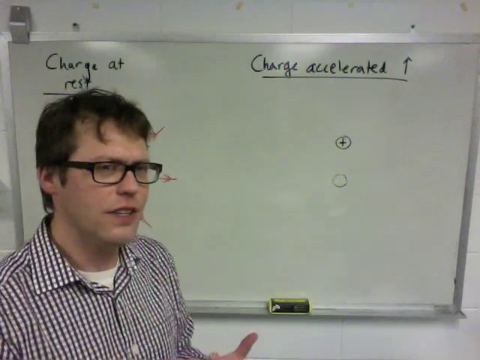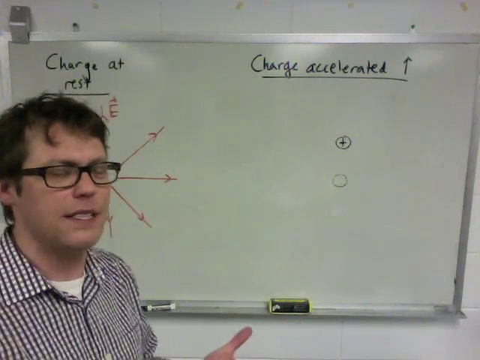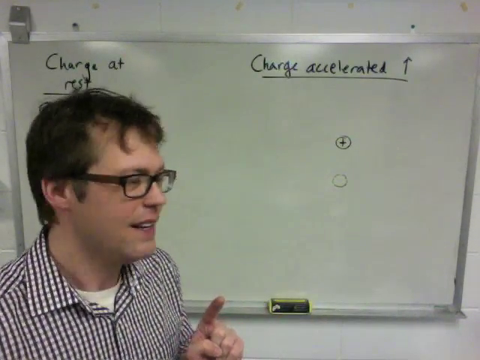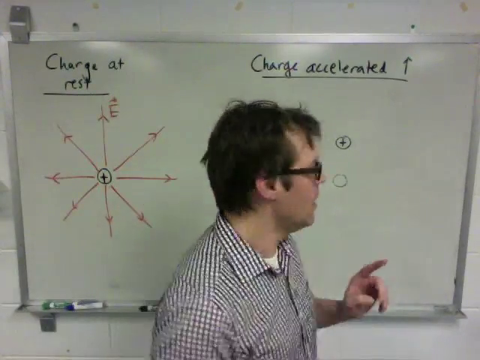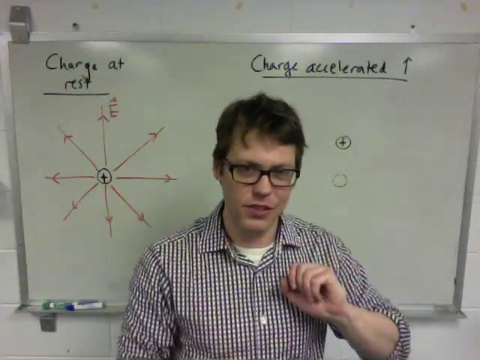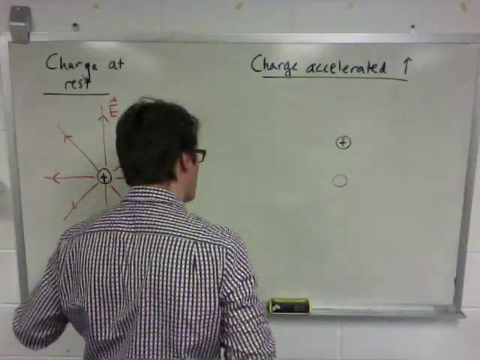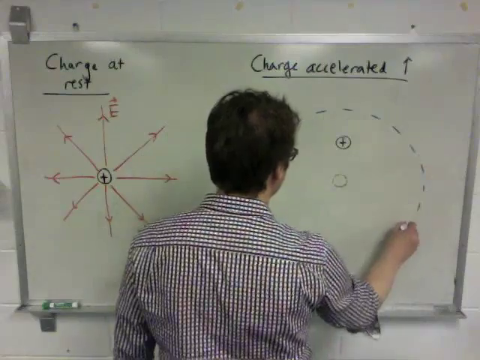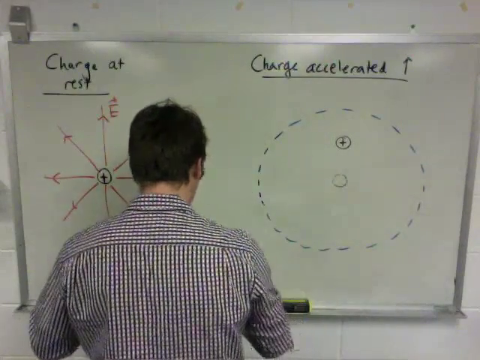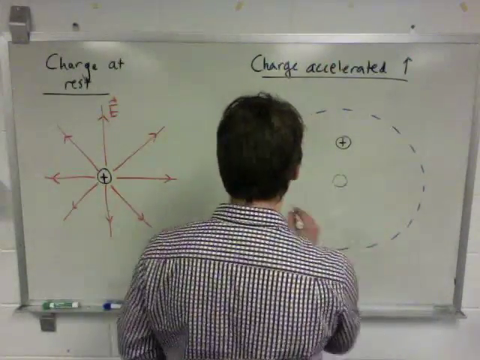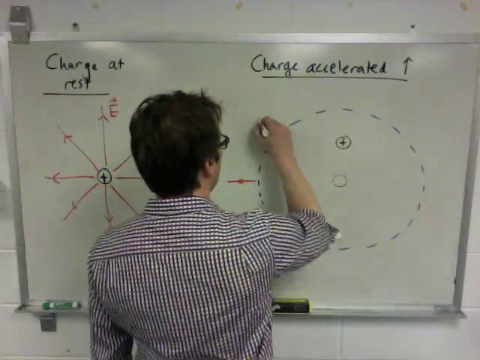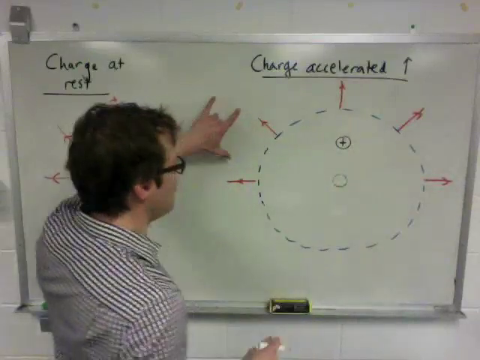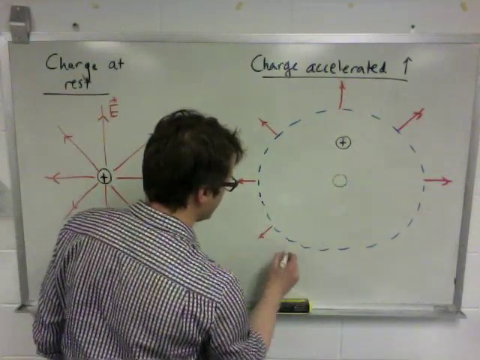But if you sort of look more deeply into Maxwell's equations, you find that that's not actually what happens. In fact, it takes a little while for the field lines to catch up with the charge. And so how does this work? Well, out beyond some certain distance, indicated by this dotted line here, the electric field will look the same as it did originally, because out here, you're not going to be able to tell that the charge has moved yet.